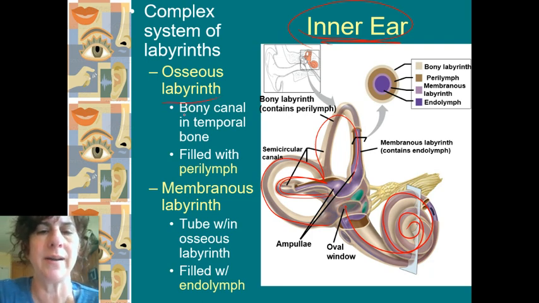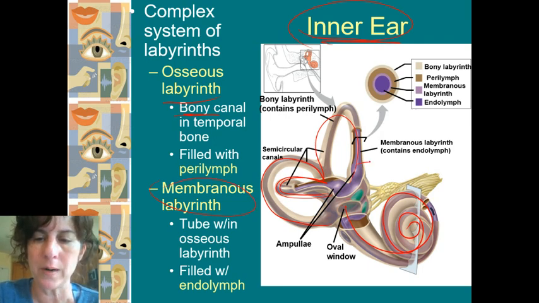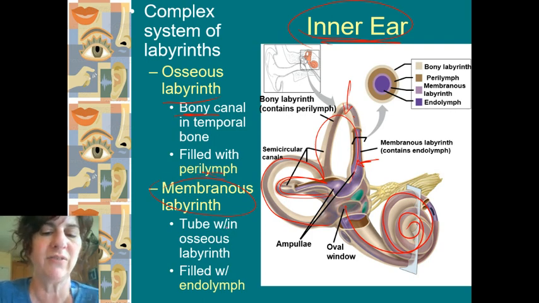Basically you have an outer bony portion and you have an inner membranous portion. What's in purple right here is a membrane. What's in the light tan color is the bone. So it's a harder, bony outer shell with a smaller tube on the inside that's made up of membranes. And then you have these fluids in between.